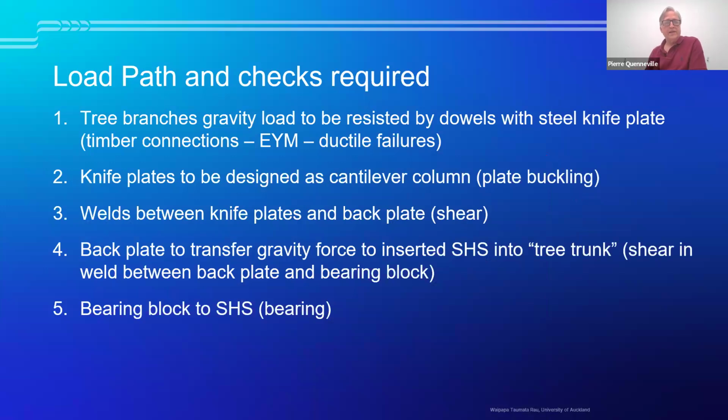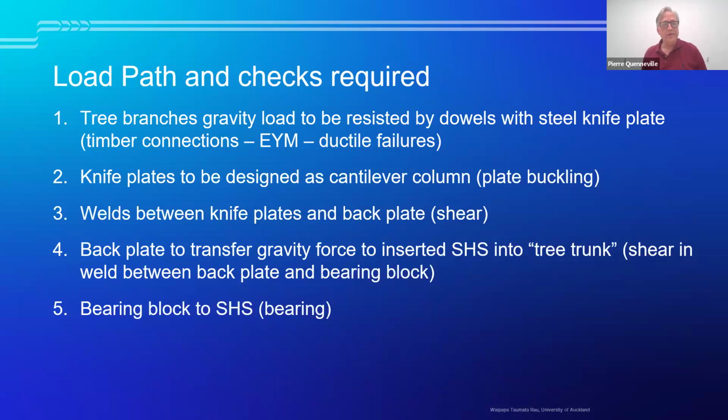The next load path and checks required were the welds between the knife plates and the back plates. So welds and shear. The back plates needed to be designed to transfer the gravity forces to the inserted steel hollow section in the tree trunk.